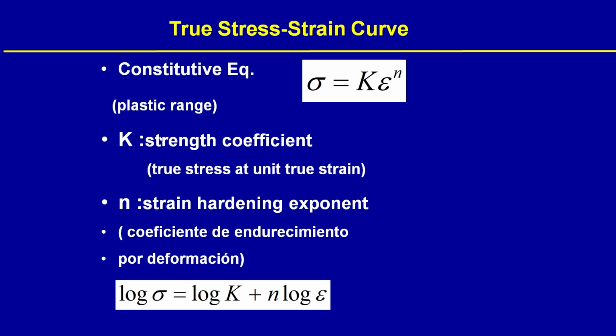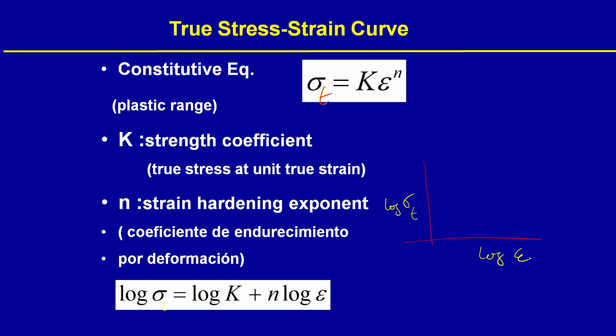The constitutive equation is exactly like this, sigma is equal to k epsilon to the power n. You can put t also, does not matter, but that is a true stress actually, by the way. This is true stress, that is why it is called sigma t, better to put sigma t, otherwise you will forget, and epsilon is true strain. And you know, if I take log on both sides, what do you get? You get this curve. So, if I plot log of sigma t versus log of epsilon, what do you get?